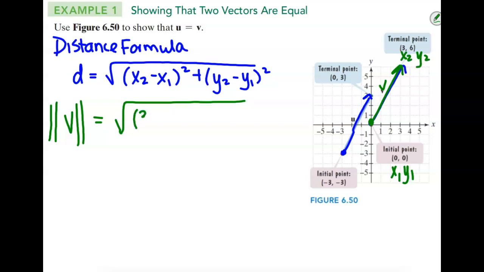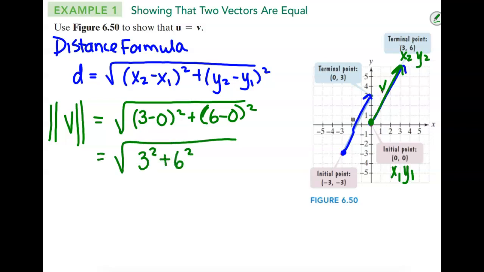So we're going to get 3 minus 0 squared plus 6 minus 0 squared. Simplify it. 3 squared plus 6 squared, which is the square root of 9 plus 36, which is the square root of 45. So this length right here in the green is the square root of 45.